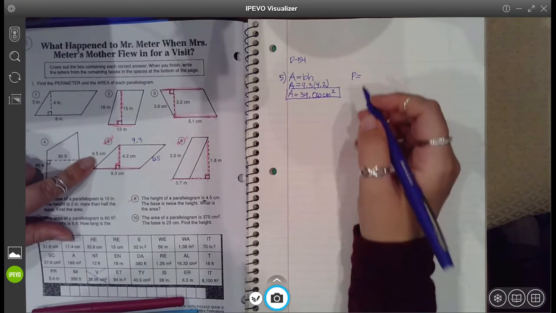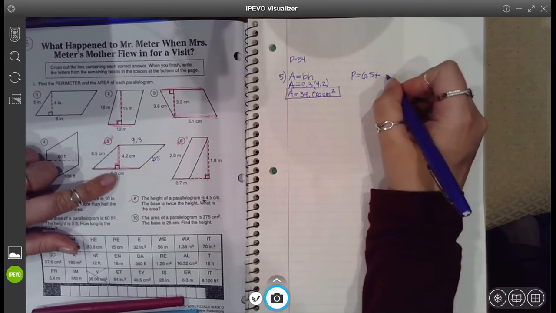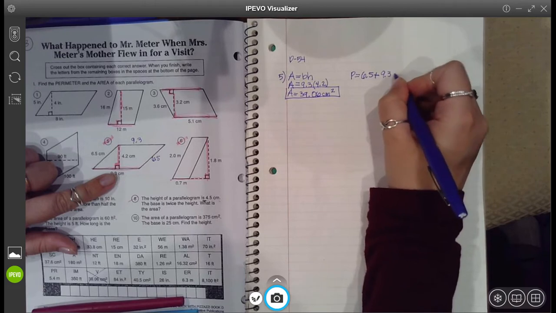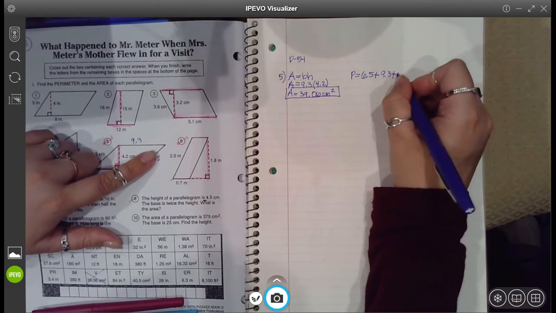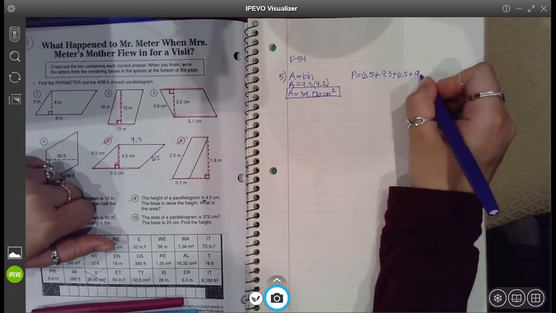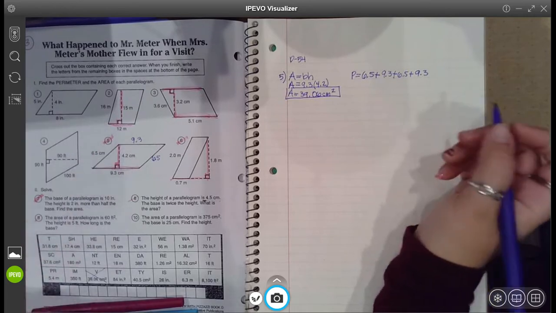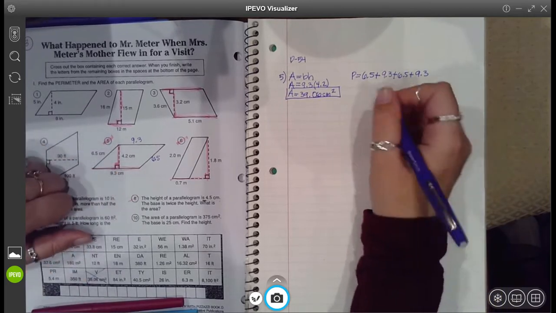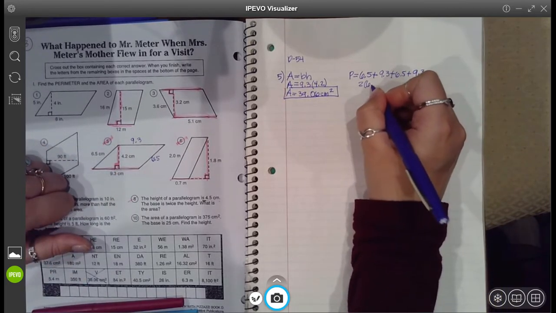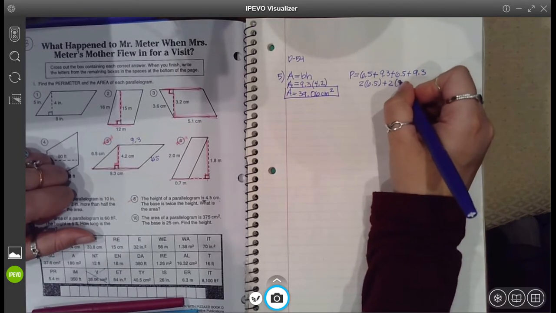So right here, you have the 6.5 plus the 9.3 plus this 6.5 plus this 9.3. Some people like to go around the shape as they go, and some people like to say there's two 6.5s and there's two 9.3s.